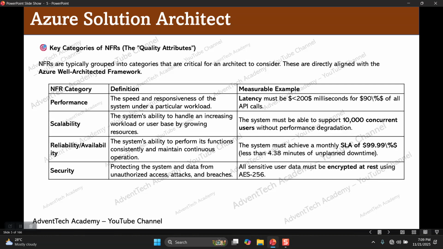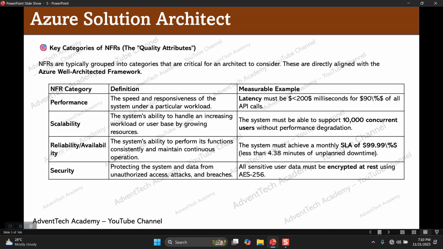For example, if it is an e-commerce app like Amazon or Flipkart, whenever the customer opens the web page, how quickly does it open? Is it taking time to load all the images? Or when a customer logs into the Amazon portal, does it take a lot of time to complete the login process? That is the performance of the system.